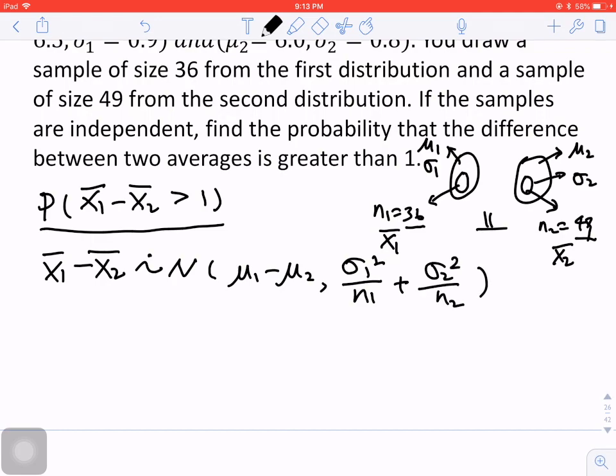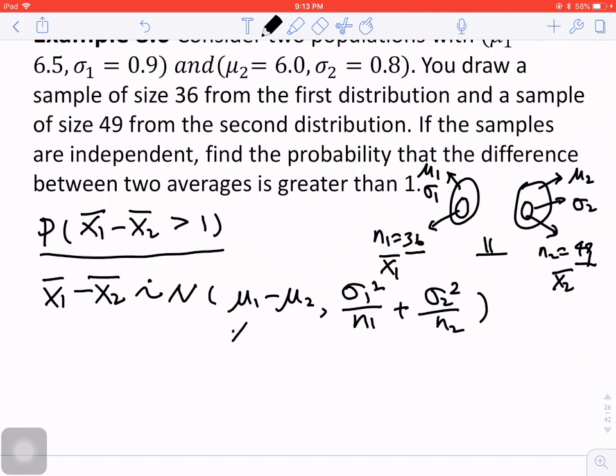We know that mu1 is equal to 6.5, mu2 is 6.0, and sigma 1 is 0.9, squared, divided by 36, and 0.8, squared, divided by 49. So we can get the exact value.